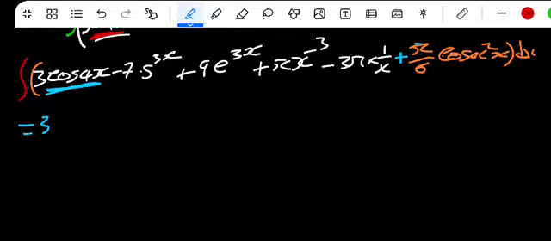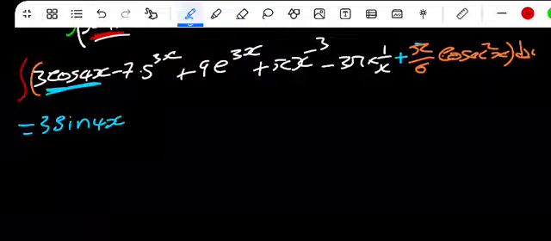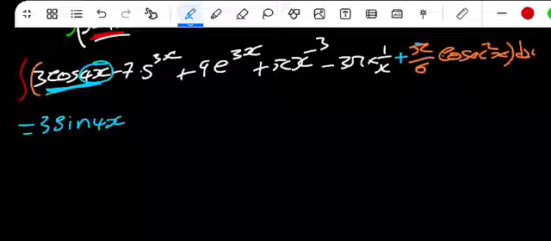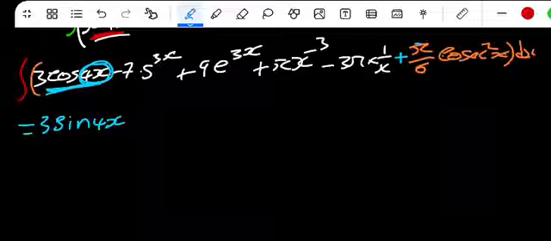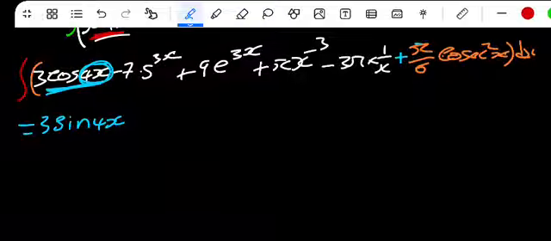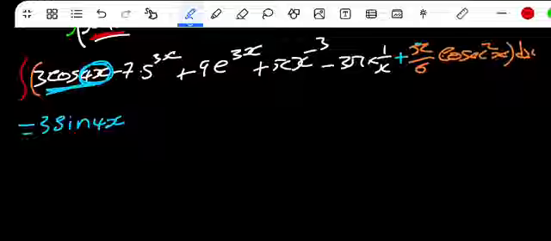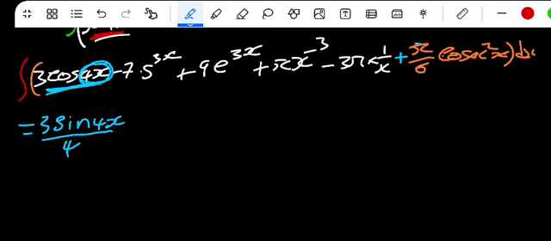Remember, when we differentiate we have a negative sign, but when we integrate it will be positive sin 4x. Do not forget to divide by the derivative of the argument. The derivative of the argument 4x would be 4, so divide by 4. Don't forget that, you apply the chain rule in reverse.